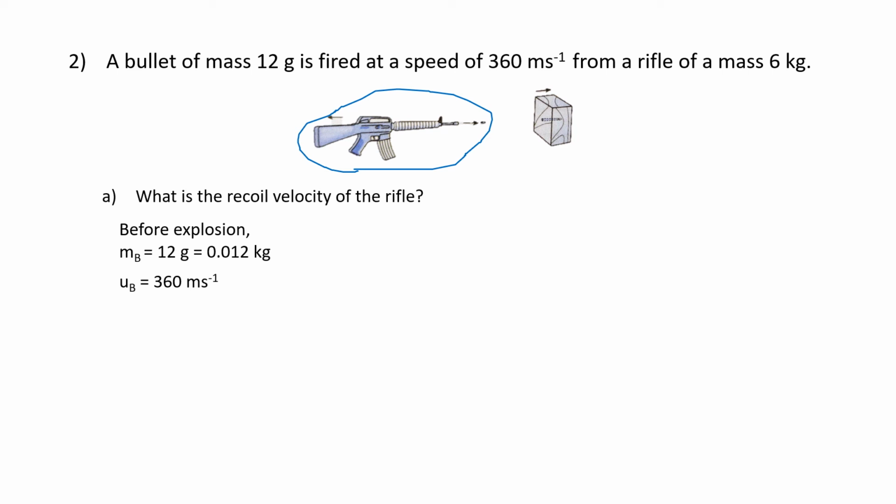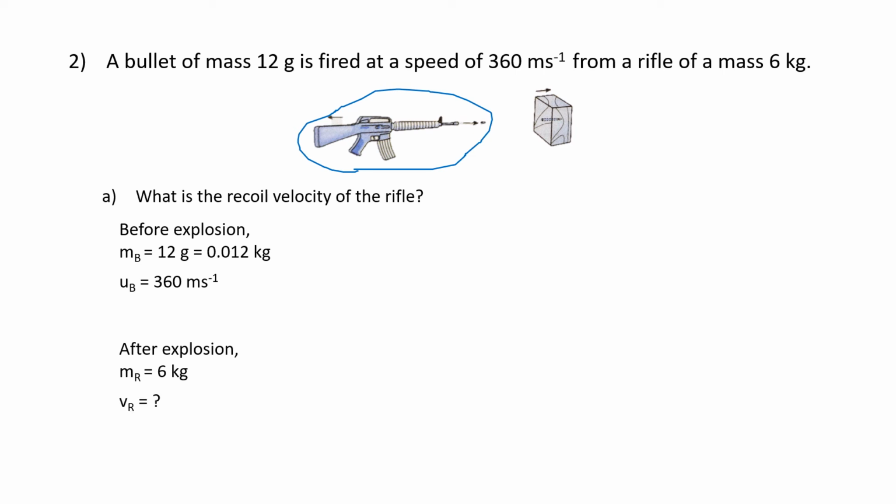Before the explosion, we do not need to consider the initial velocity of the rifle as the rifle is stationary. After explosion, we need to consider the mass of the rifle as the rifle recoils. So the mass of the rifle is 6 kilogram.